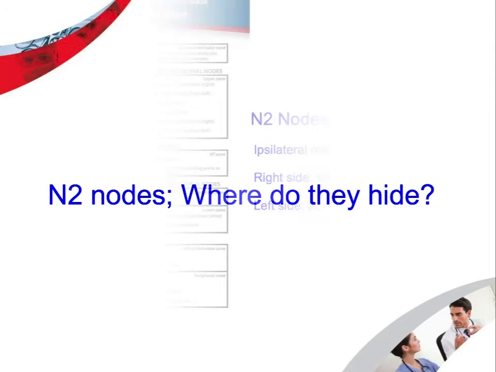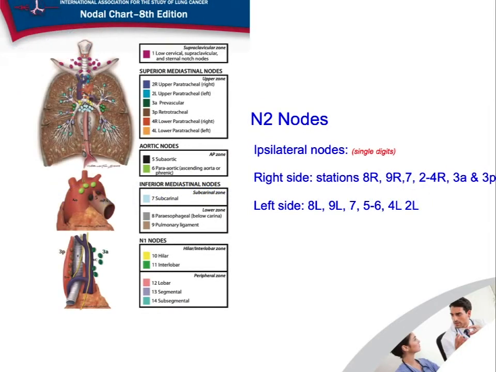So, where do these N2 nodes hide? N2 nodes have single digits in the 8th edition of the nodal map issued in 2016 by the International Association for the Study of Lung Cancer, also known as IASLC.